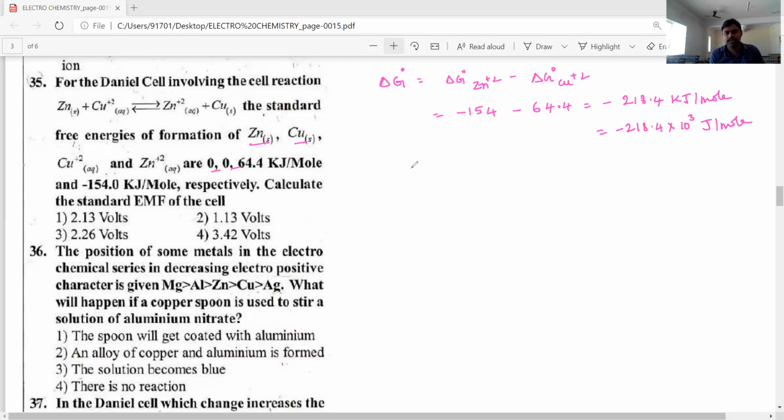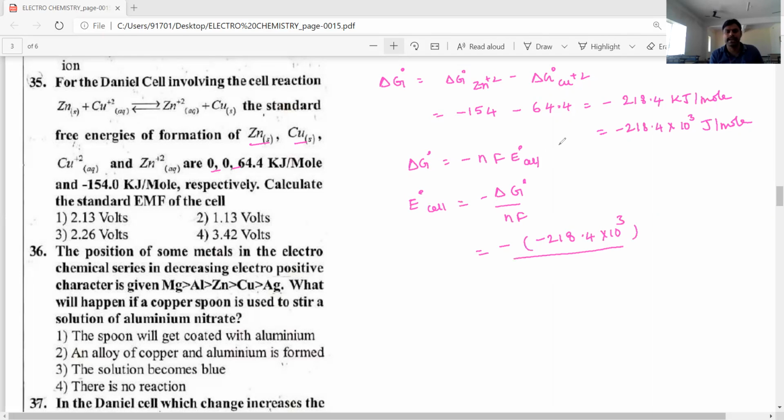We know the relation between delta G naught and the electromotive force of the cell: delta G naught is equal to minus nF E0 cell. Then the standard electromotive force of the cell is E0 cell equals delta G naught by minus nF. Now this is minus of minus 218.4 into 10 to the power of 3 by n.